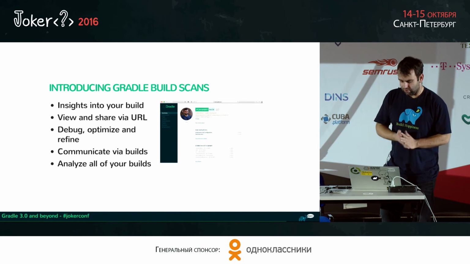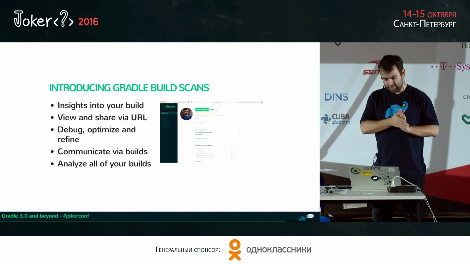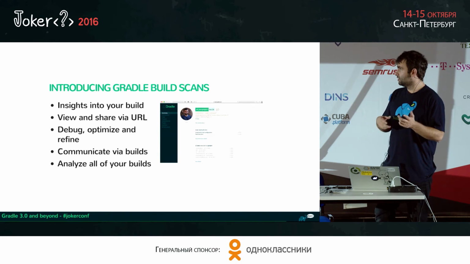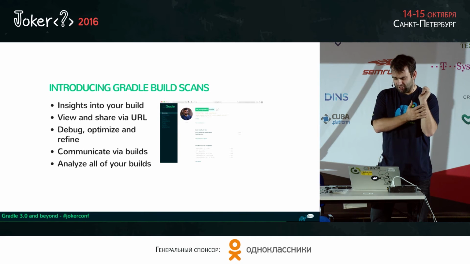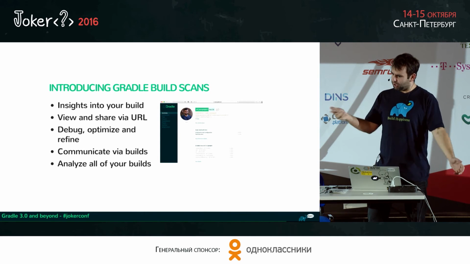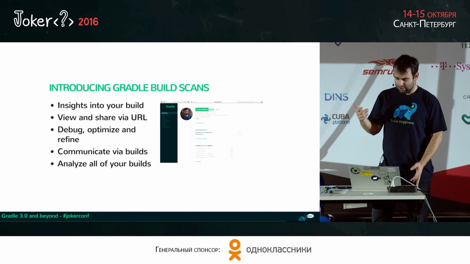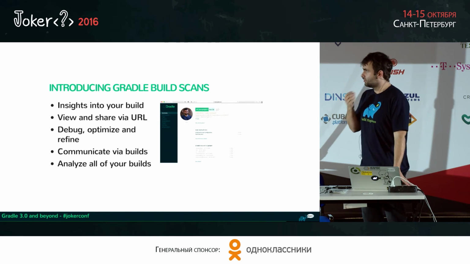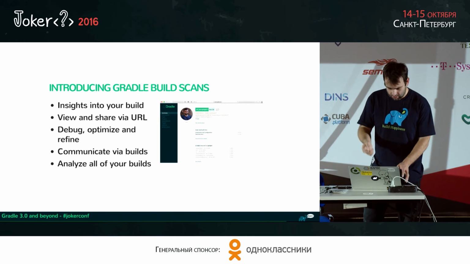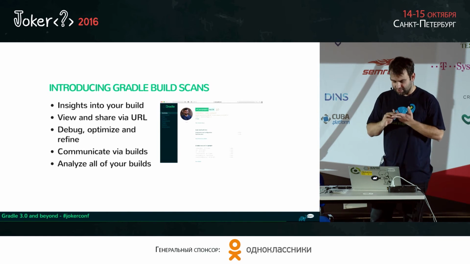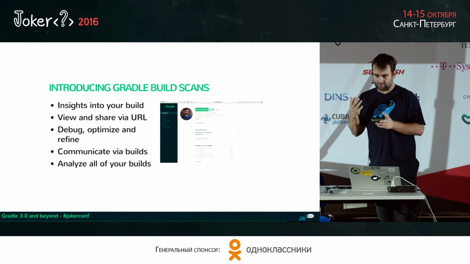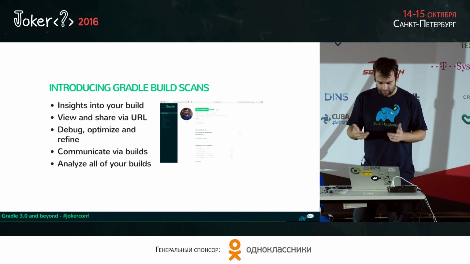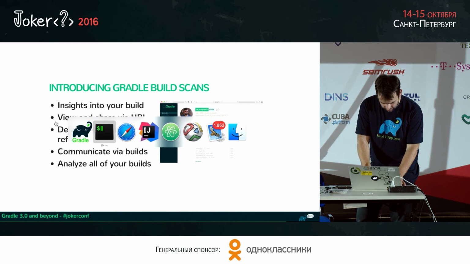For example, you can have a sample build where you see how some Apache Commons libraries have transitive dependencies that do not work out of the box. It's easy to communicate that with such a build scan. And that offers you a way to analyze all your builds and not just the ones on CI. So you actually get the transparency of how a developer uses the builds in your CI or on his developer box.